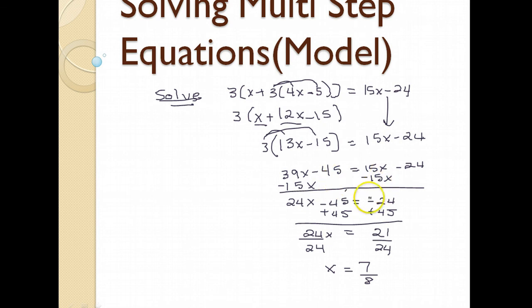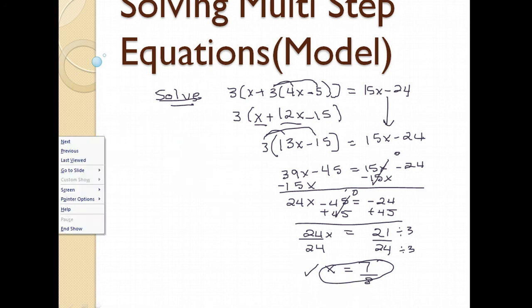Subtract 15x on both sides to make it a 0 on the right. Okay, and 24x minus 45 equals negative 24. So add 45 to make this a 0. 24x equals 21, and then divide both sides by 24 and simplify. 3 goes into both of them. Okay, and this is my final answer. It told me to solve. I solved. There you go.